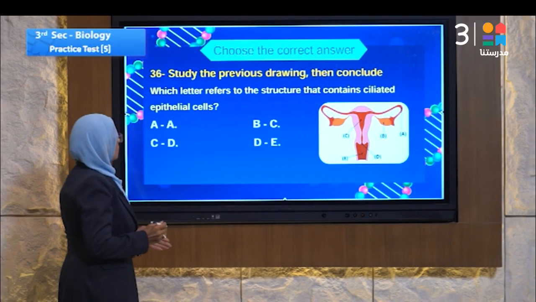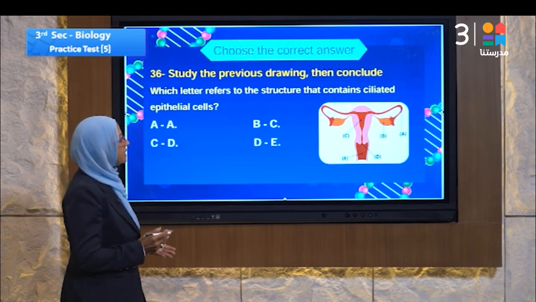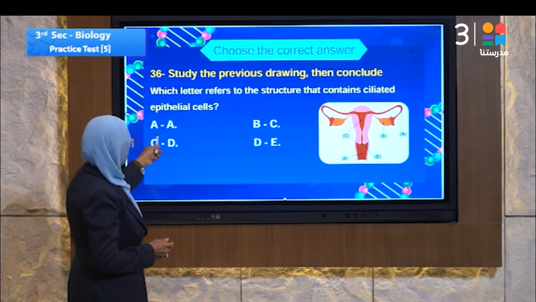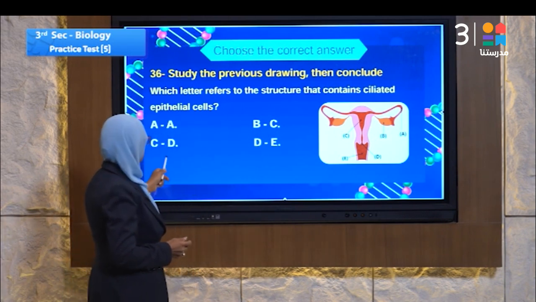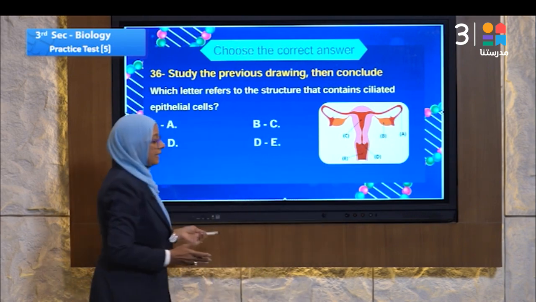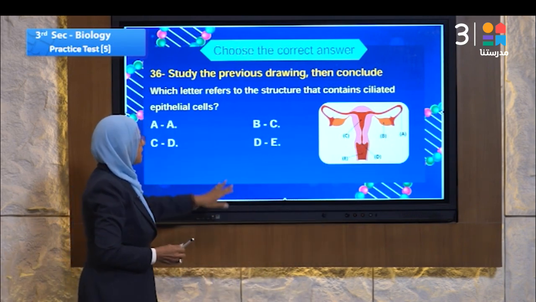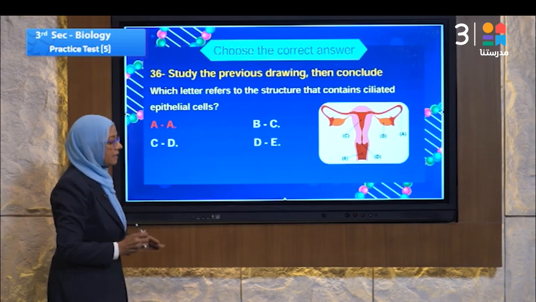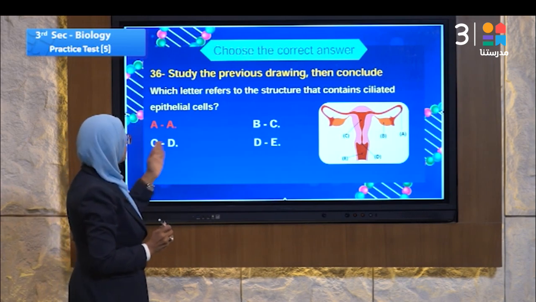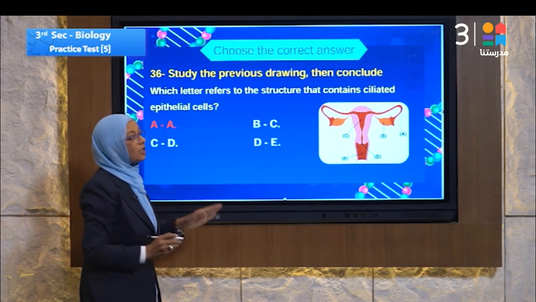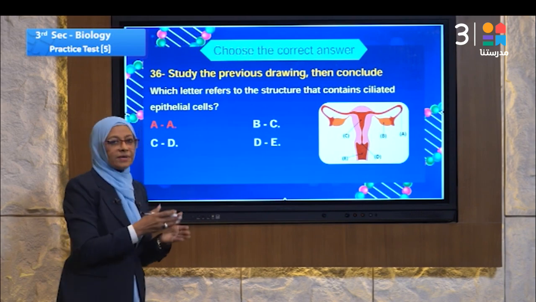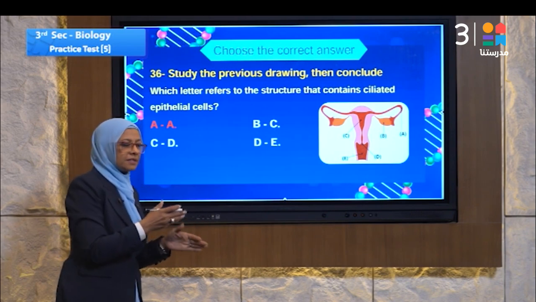So we find where the epithelial cells are found: A, C, D, E. A is a fallopian tube, so the answer must be A. A is the structure lined by ciliated epithelial cells to control the flow of the ovum inside it.